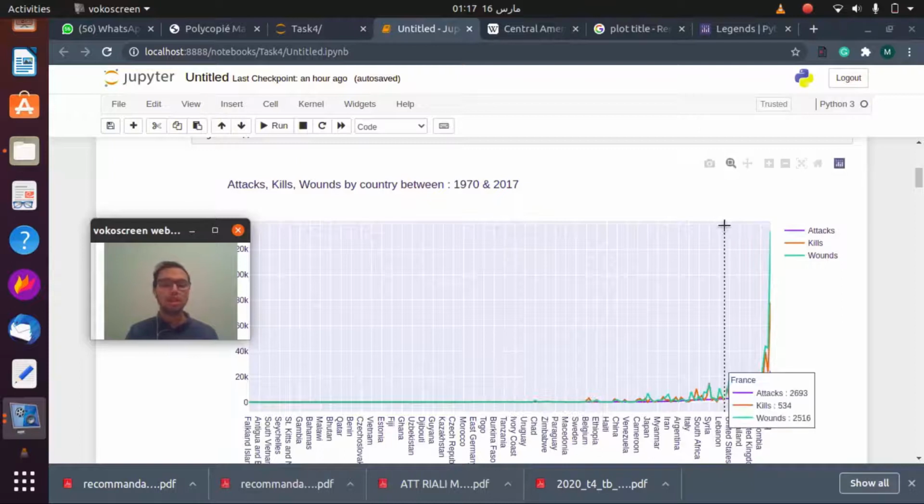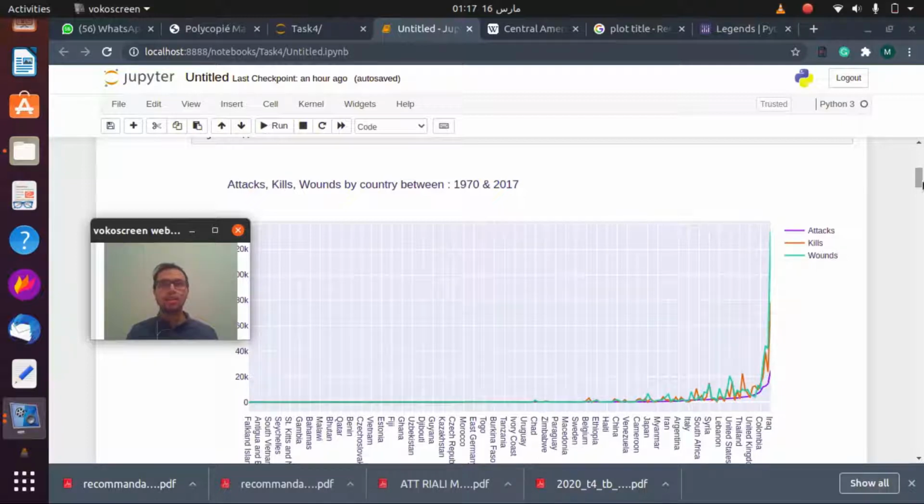But this is in general. Let's see in particular which period of time exactly Iraq has taken the lead.